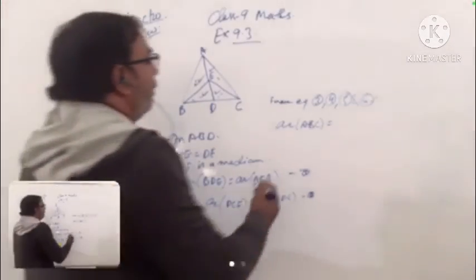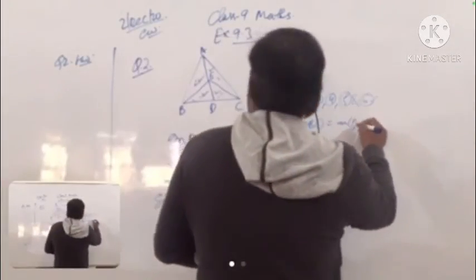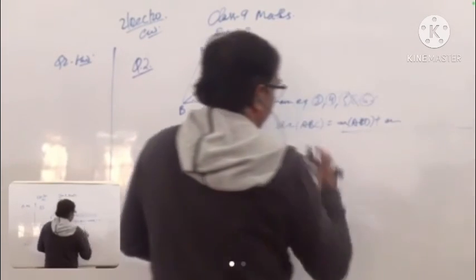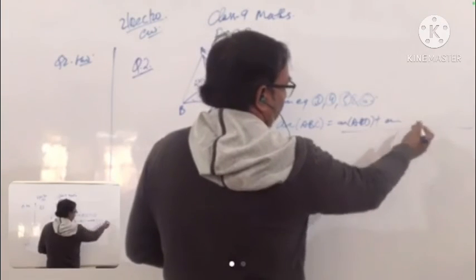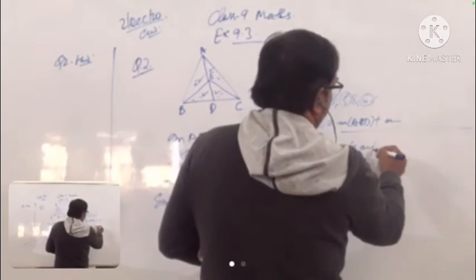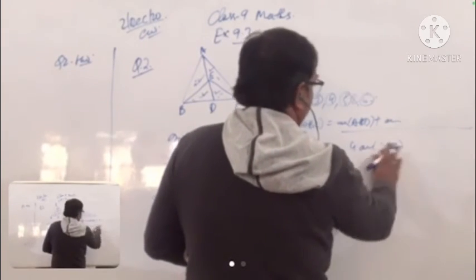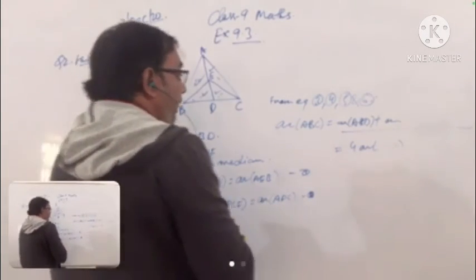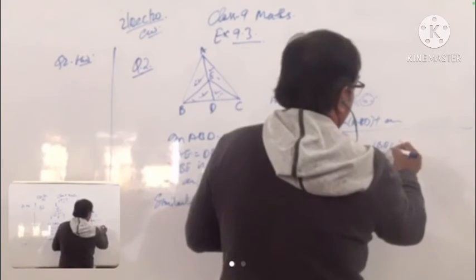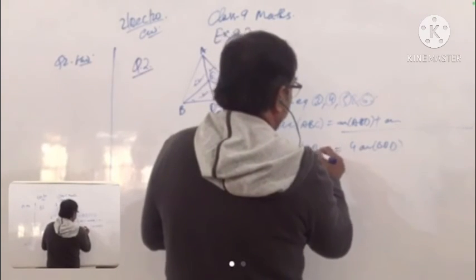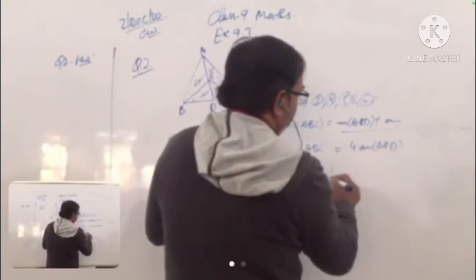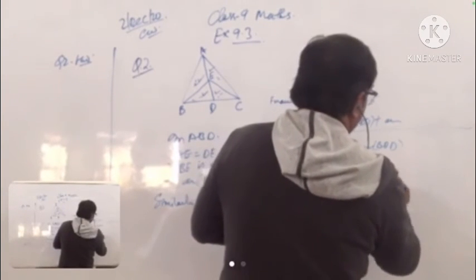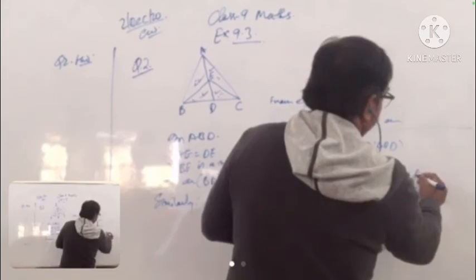Now see, area of ABC is equal to area of ABD plus area of, so you can write the 4. After that you can write all are same. So 4 area BED, and here we can write this ABC, and after that we can shift here. So it will be 1 upon 4 area ABC is equal to area of BED.